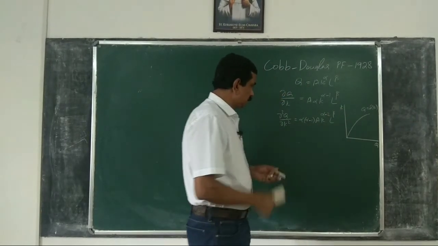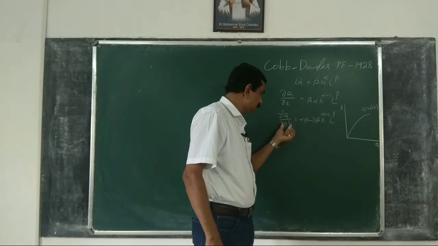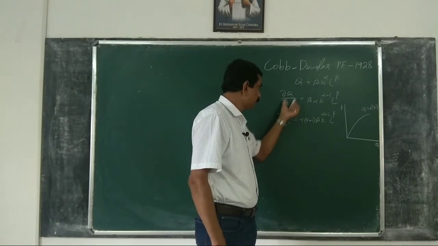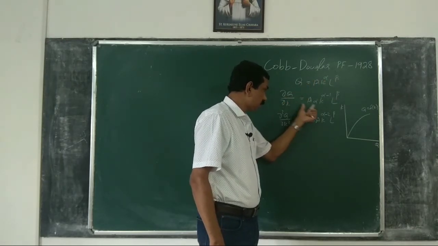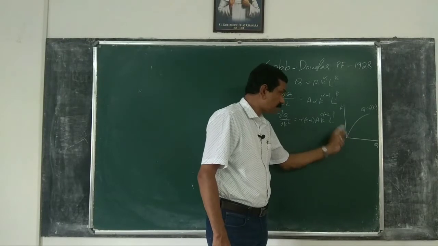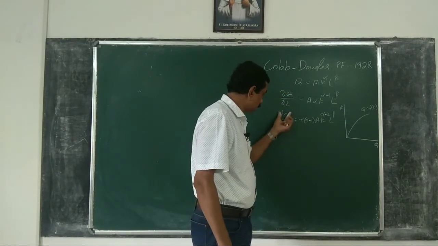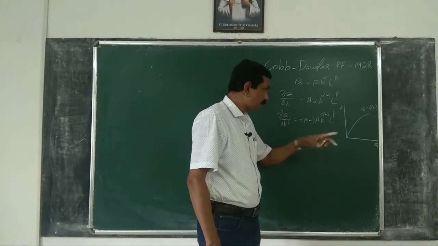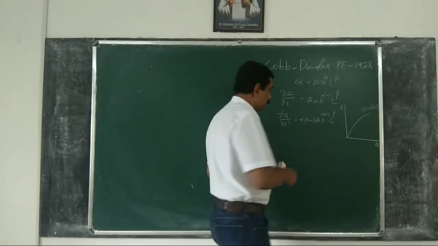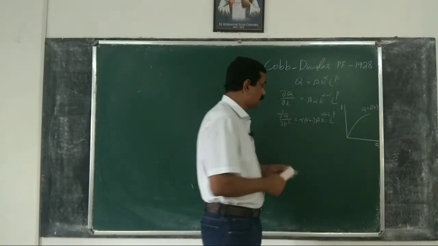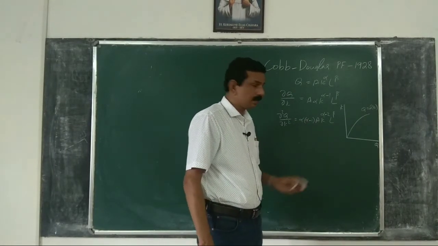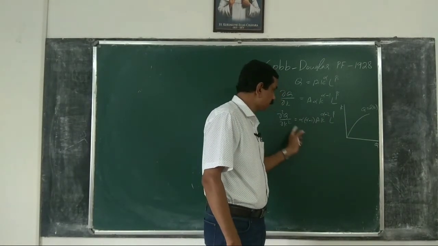As you can see, ∂Q/∂K is the slope of the total product here. ∂²Q/∂K² is the slope of the marginal product. And as you can see, as alpha is less than 1, alpha minus 1 is negative. So the entire expression is negative.